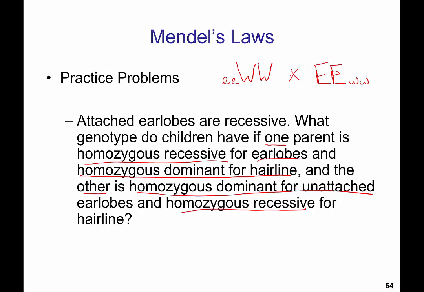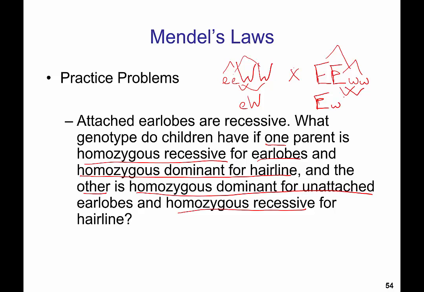So here's the cross. No matter how we combine parent number 1 for these two traits, we can only get little e, big W. For the second parent, we have a similar situation where no matter how we combine those, we only get big E, little w.